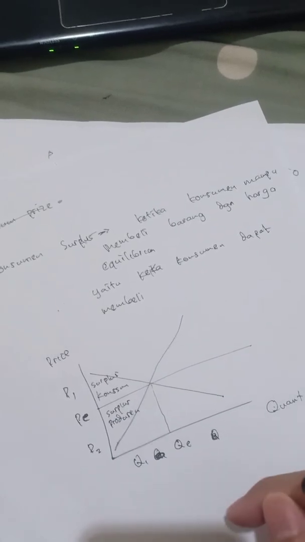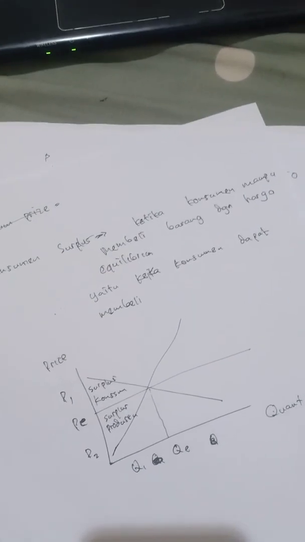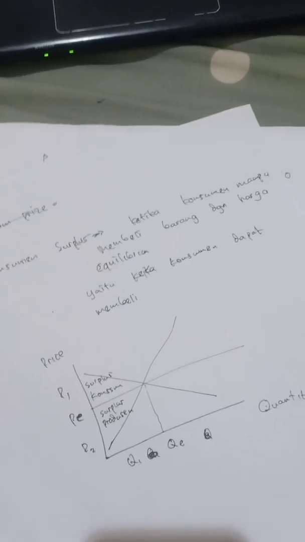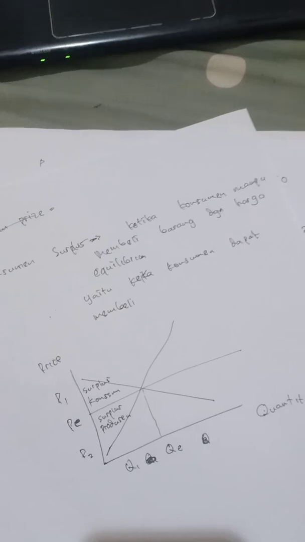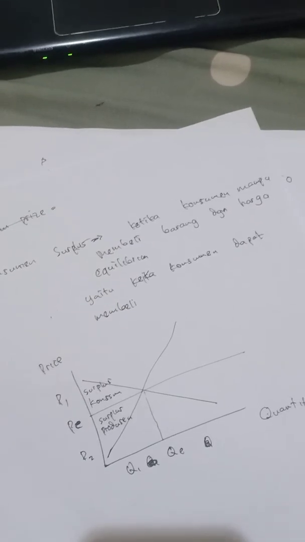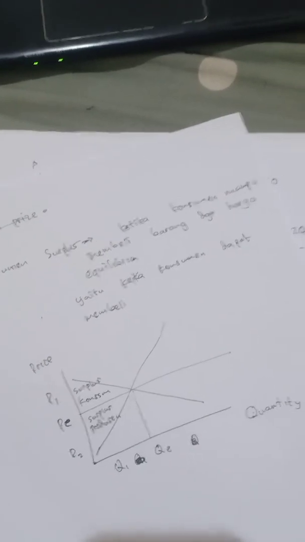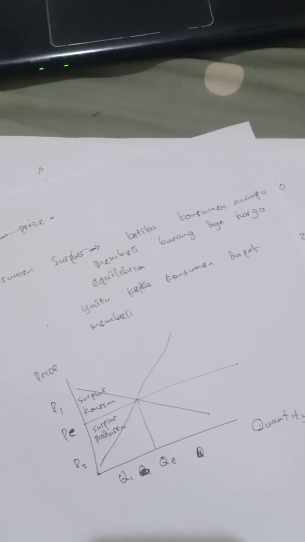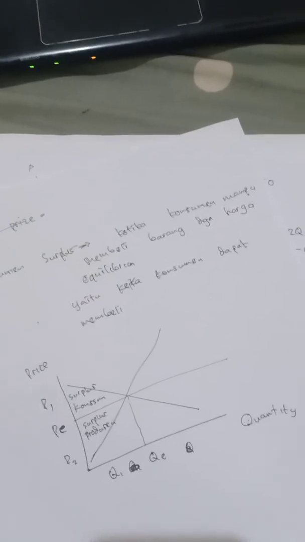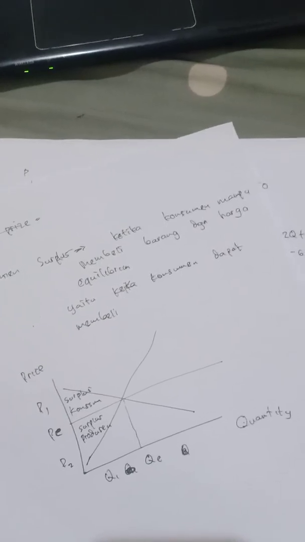This is equivalent to the difference between the maximum price consumers are willing to pay and the price that they actually pay for the unit of the good purchased. Consumer surplus is the benefit that consumers achieve when they can buy goods or services at a price lower than the maximum amount they are willing to pay.